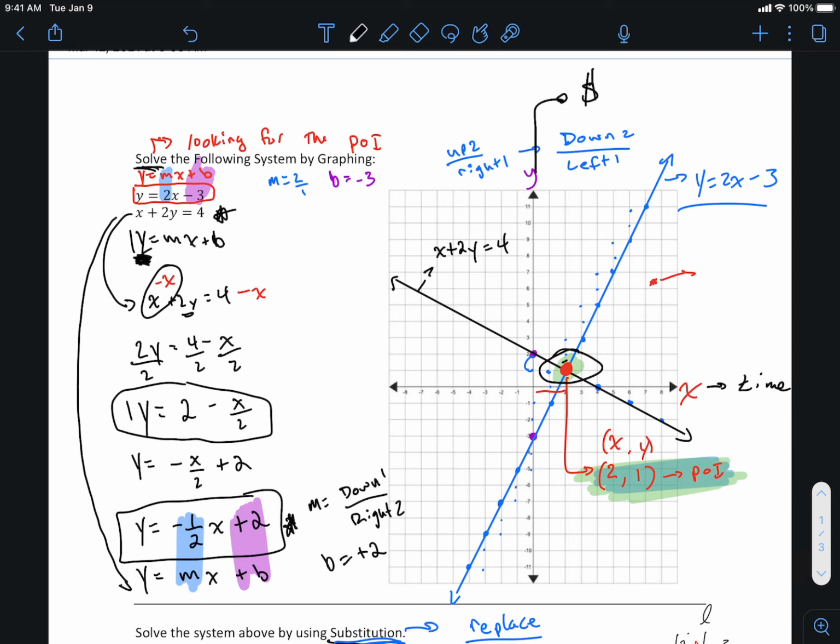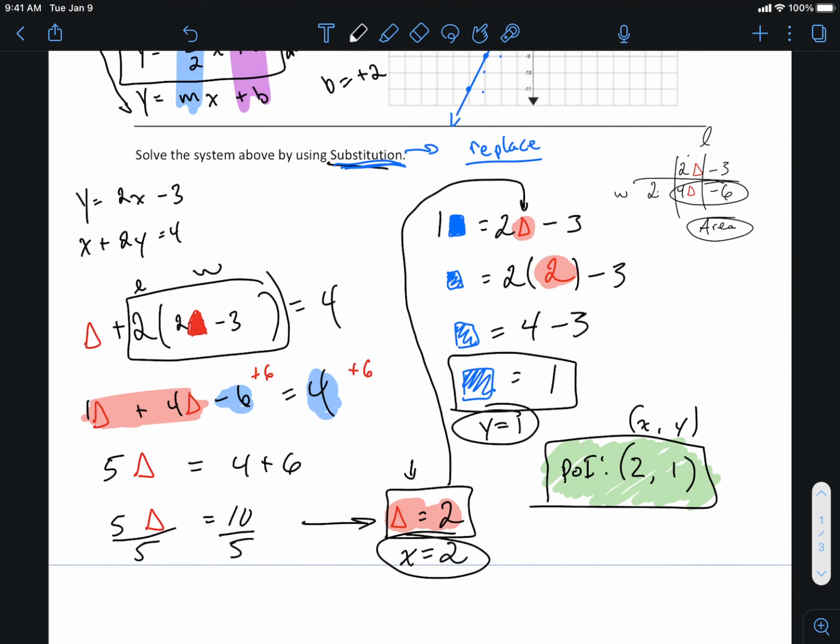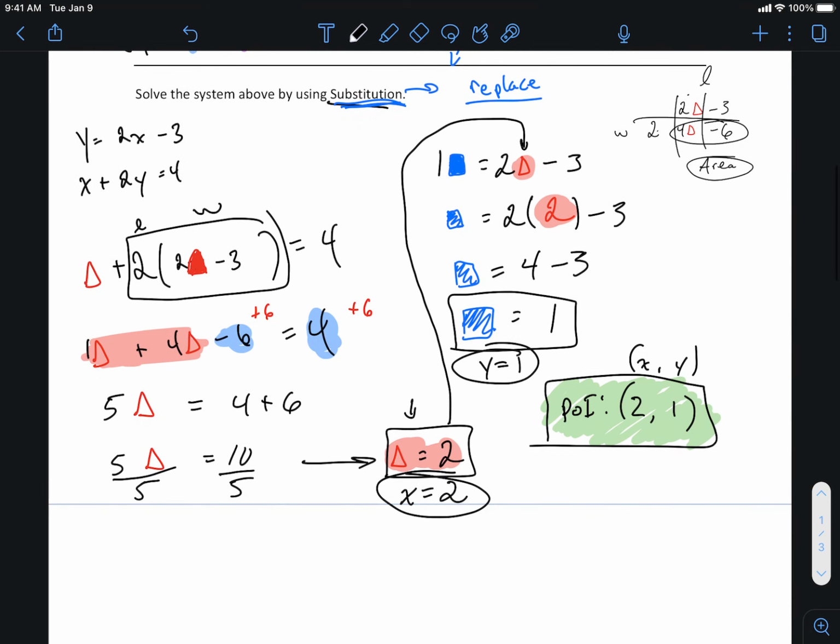It's like, here's a system of linear equations. You're going to solve it using substitution and then make sense of it, you know? So, for instance, when I sell 2 t-shirts, I make $1.